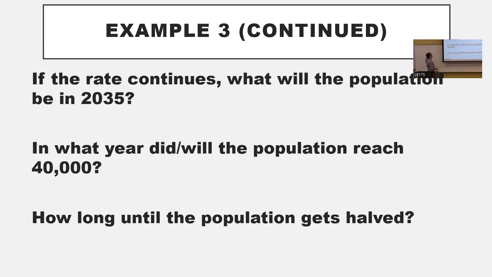We'll say, if this rate continues, what will the population be in 2035? And then it says, in what year will the population reach 40,000? And then how long until the population gets cut in half, gets halved?